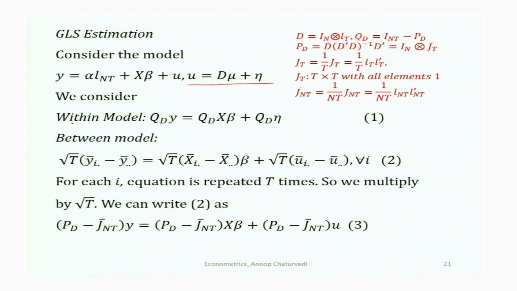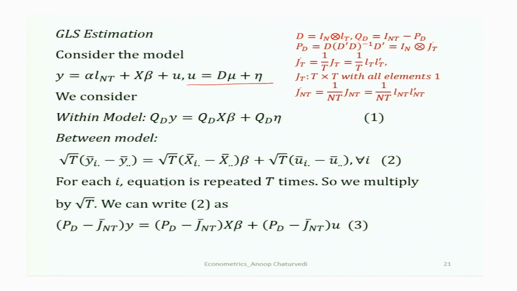And then we consider the within model, Q_d y equals Q_d x beta plus Q_d eta, and then your between model is under root T (y bar i dot minus y bar dot dot) equals under root T (x bar i dot minus x bar dot dot) beta plus under root T (u bar i dot minus u bar dot dot) for all i.